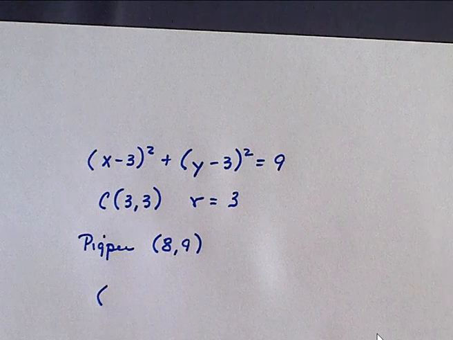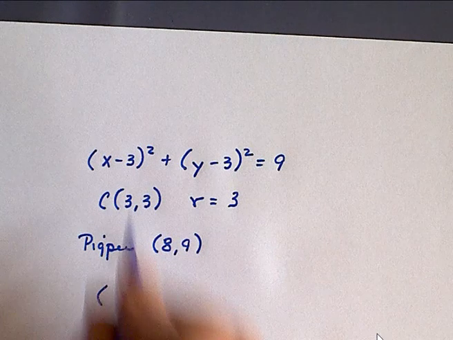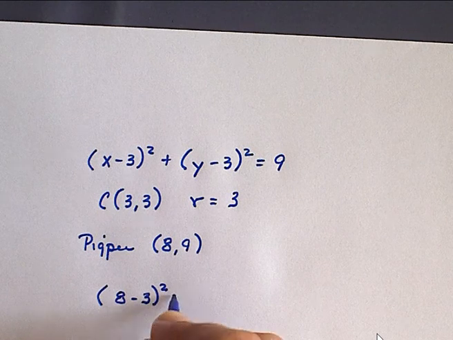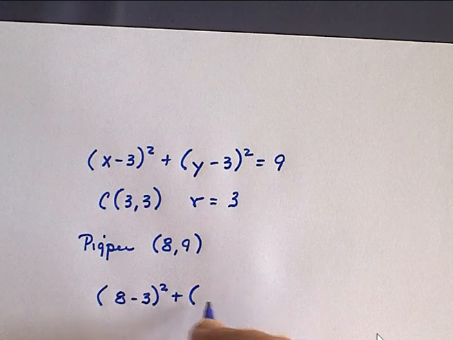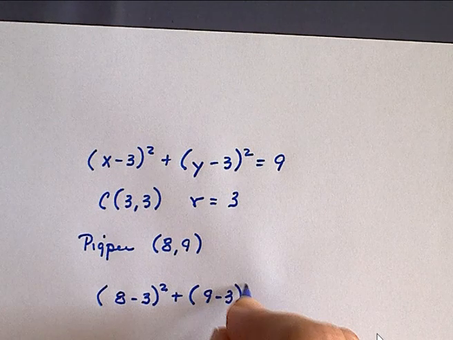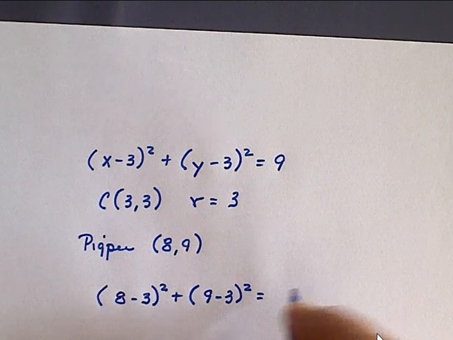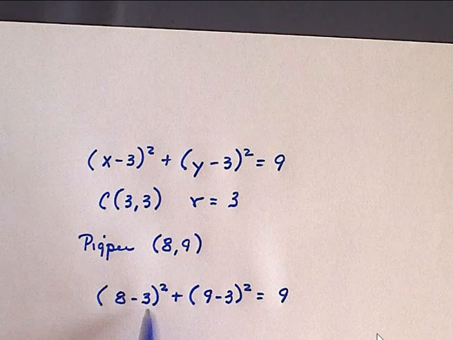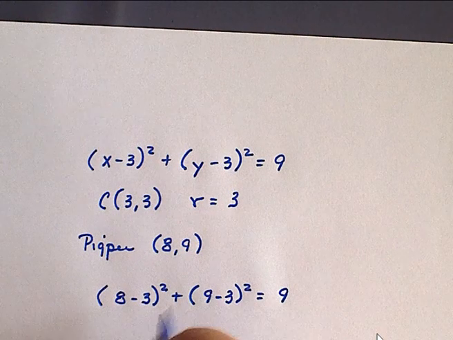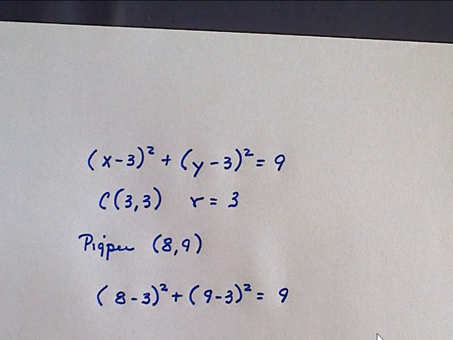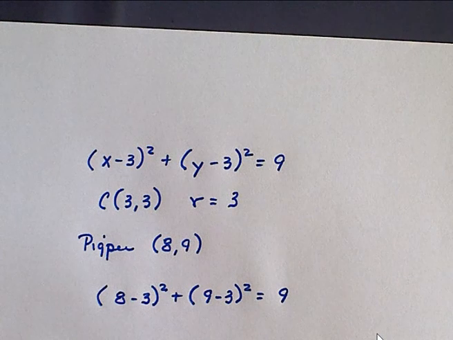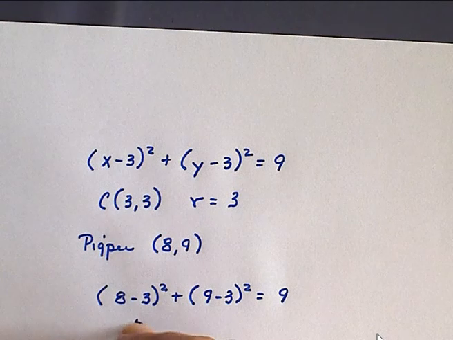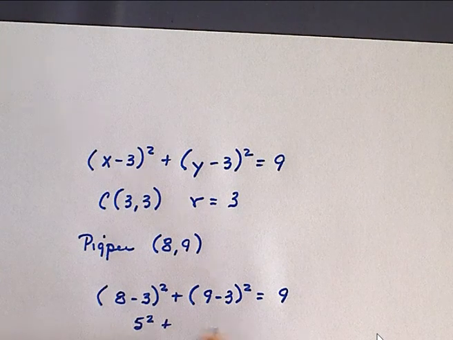Okay, so here's what I want to do. Plugging in the numbers, I get (8 minus 3) squared, and I have (9 minus 3) squared, and 9. So here I have 8 minus 3 is 5. So you have 5 squared and 6 squared.